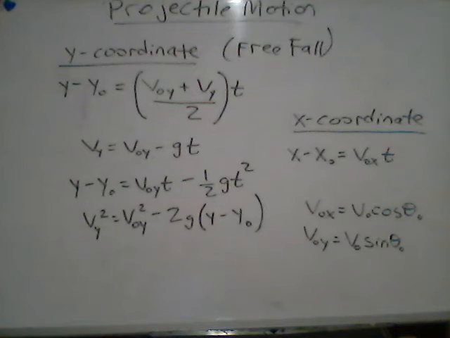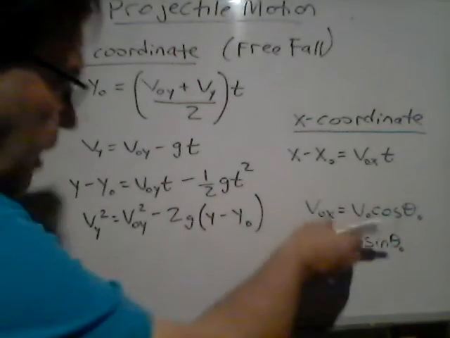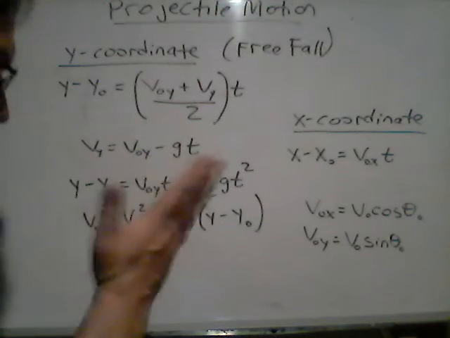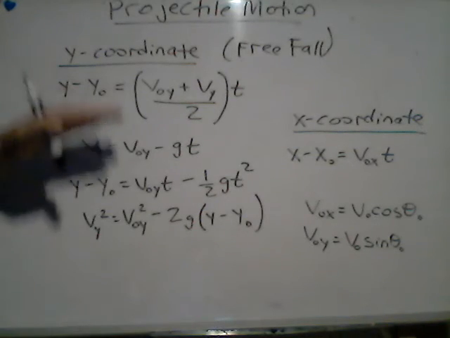Theta naught is the initial launch angle, and v naught is the initial launch velocity, or muzzle speed. These are the two components of the initial velocity, and this is how it applies.